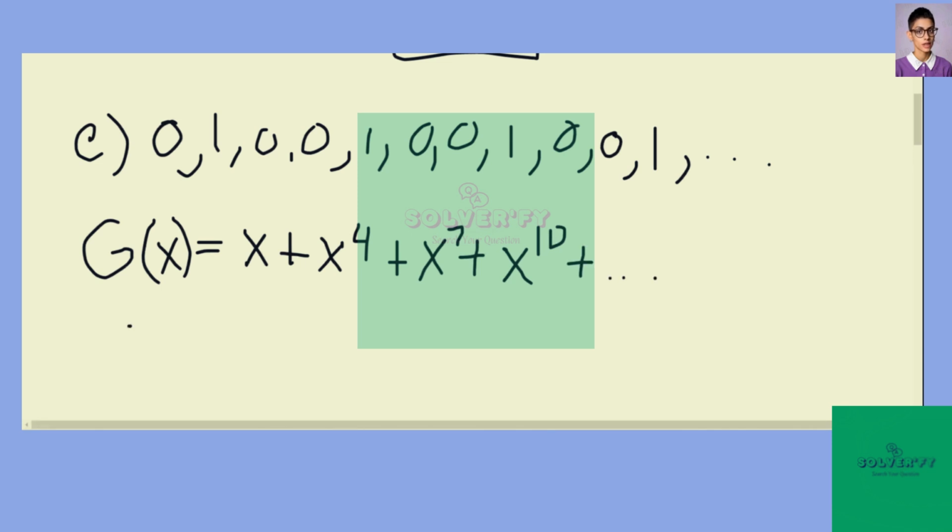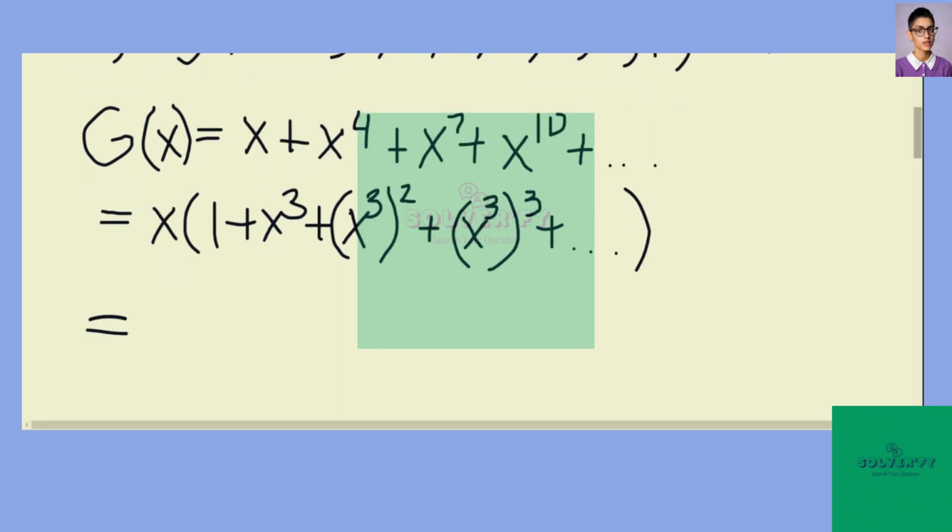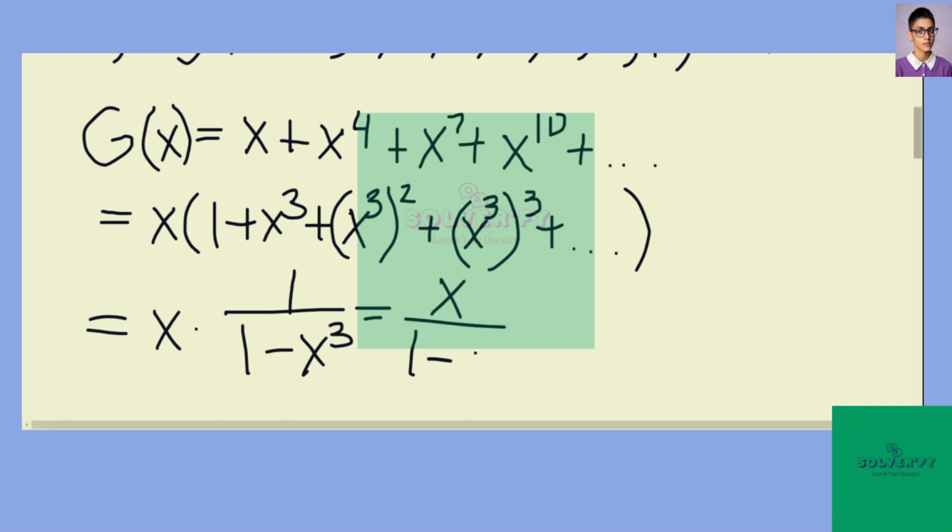And if we factor out x, this is x times 1 plus x cubed plus x to the third power squared plus x to the third power cubed, and so on. And we have, by a theorem, this is equal to x times 1 over 1 minus x cubed, or x over 1 minus x cubed.